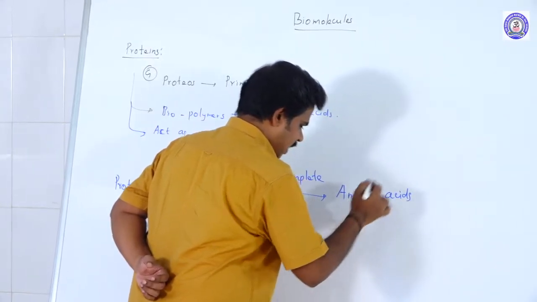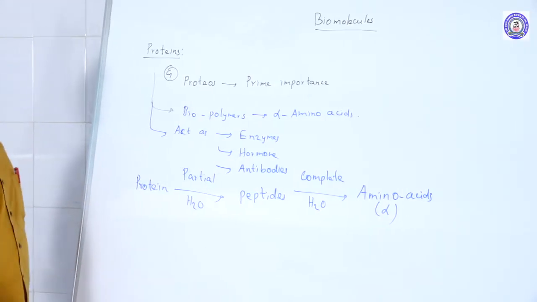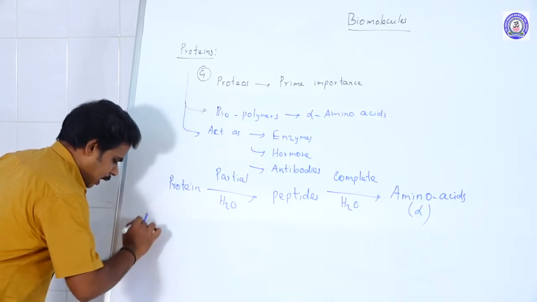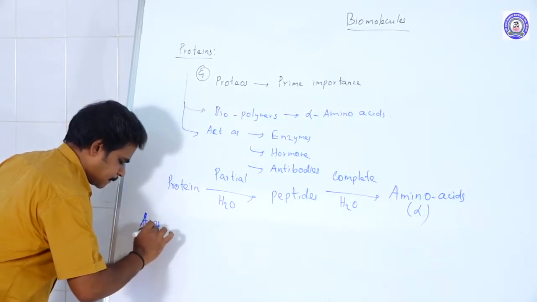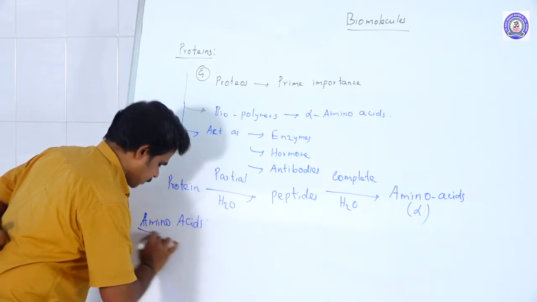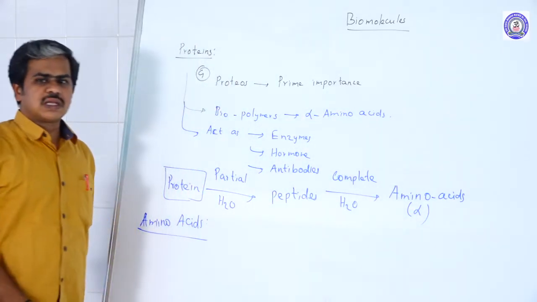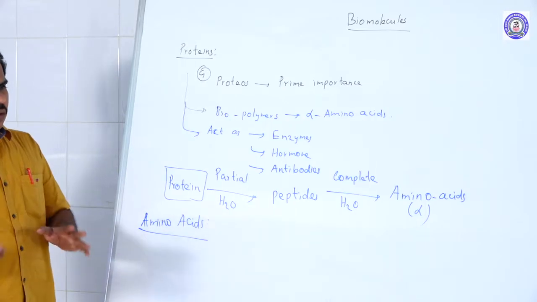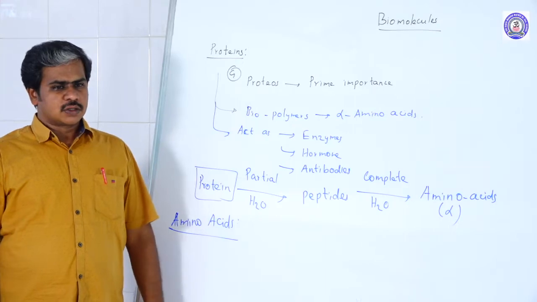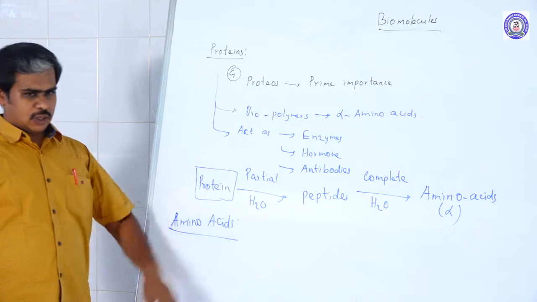Generally, these amino acids are alpha. Now, we may take amino acids. Protein on complete hydrolysis gives amino acids. Amino acids are the monomers of protein, so they make a polypeptide chain and it gives the protein.